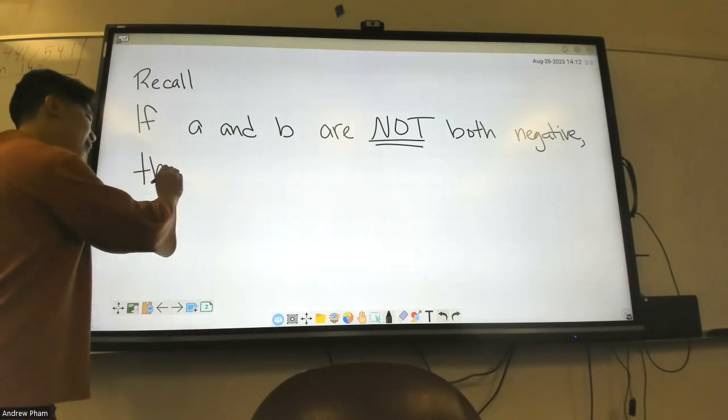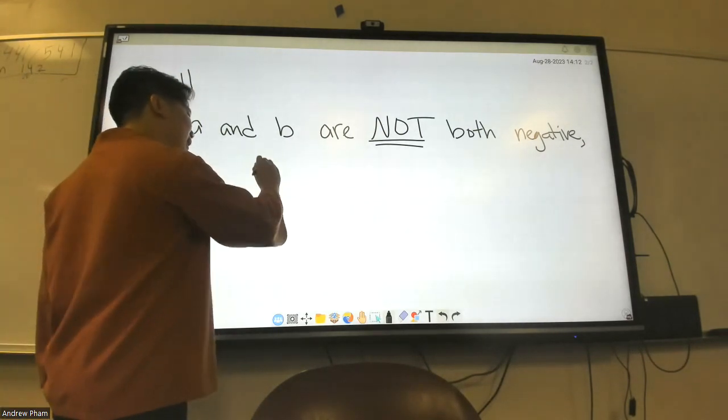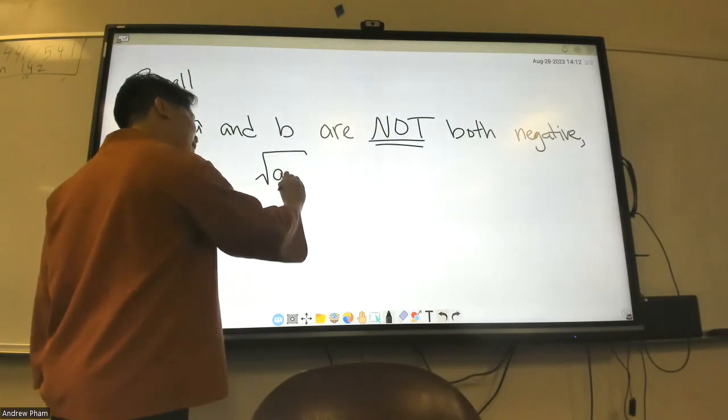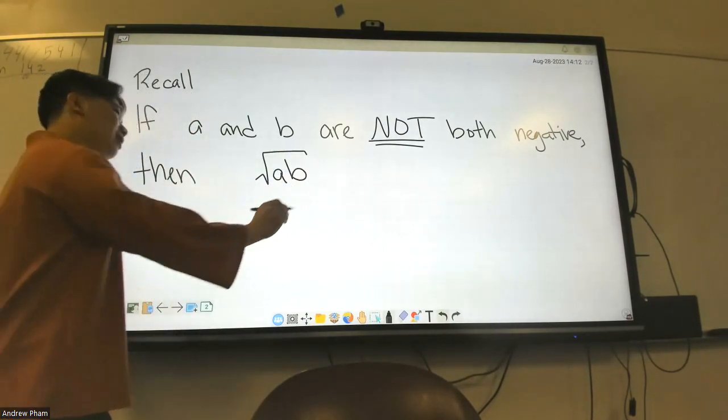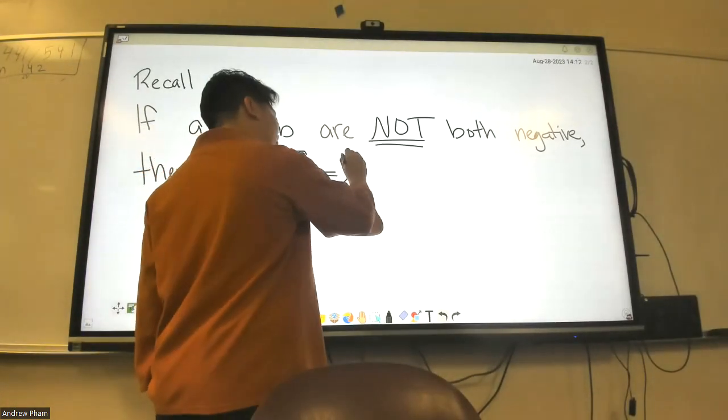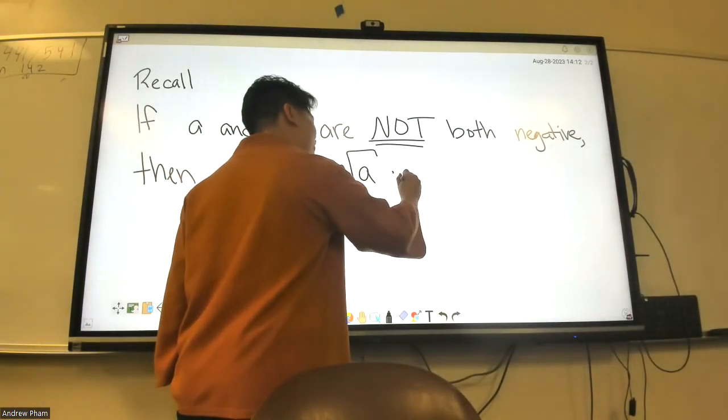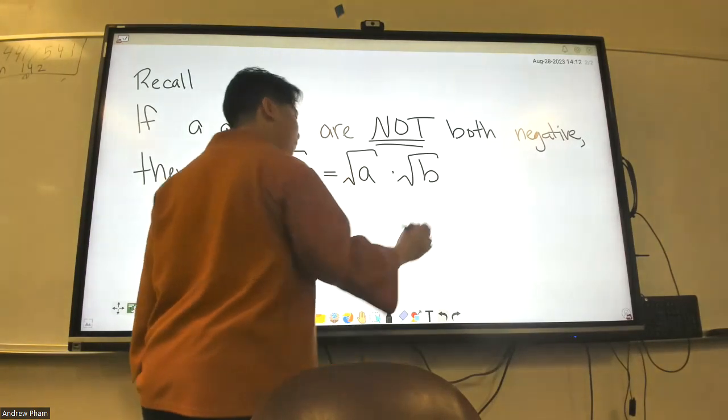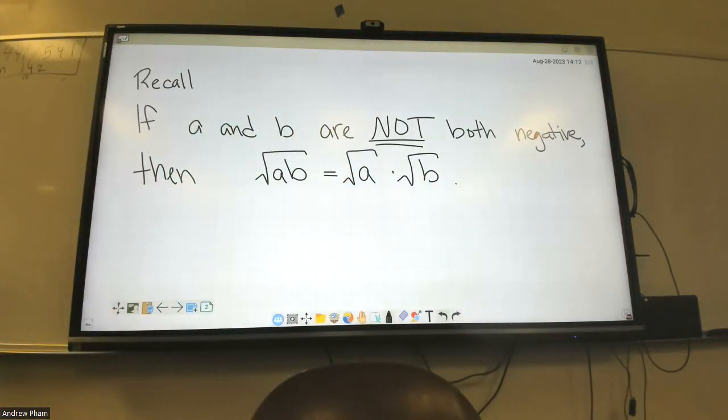Then I can say the square root of A times B is equal to the square root of A times the square root of B. In other words, as long as both of them aren't negative, I'm allowed to split apart my square root.